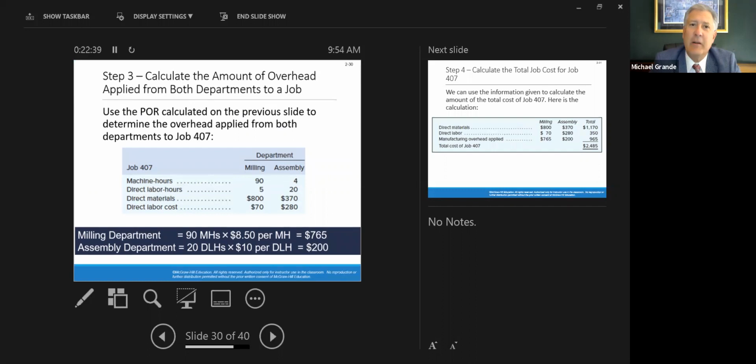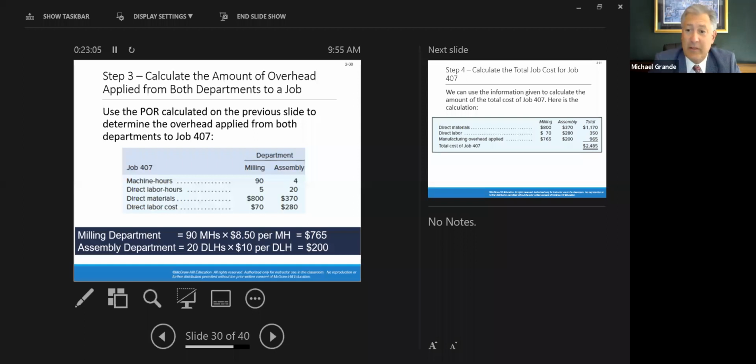Calculate the amount of overhead applied from both departments to a job. Use the predetermined overhead calculated on the previous slide to determine the overhead applied from the departments to job 407. So remember, milling is machine hours, assembly is direct labor hours. They throw it in there to confuse you.